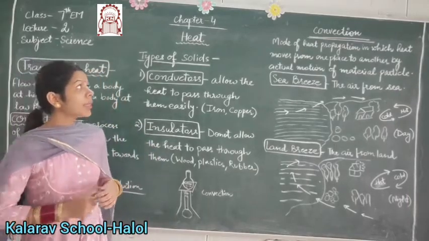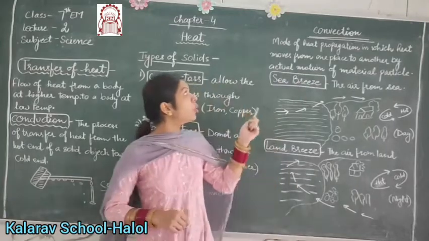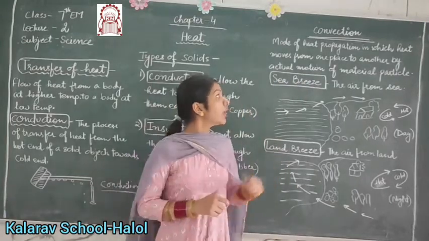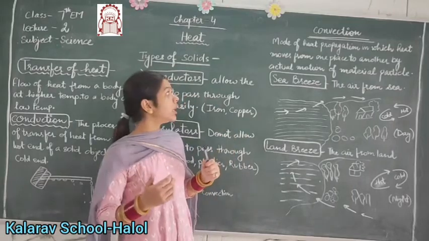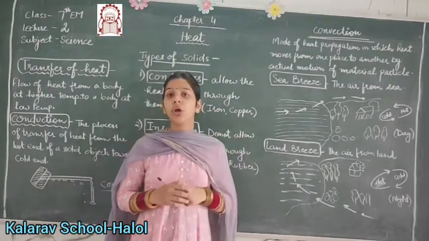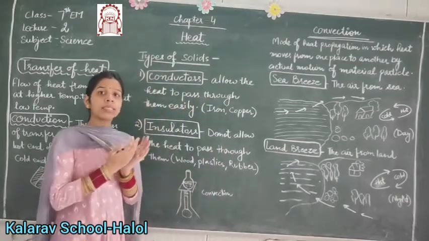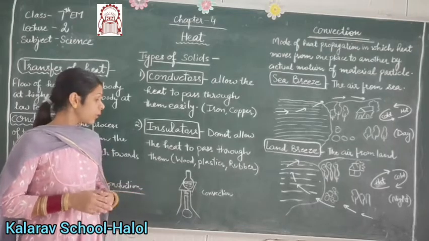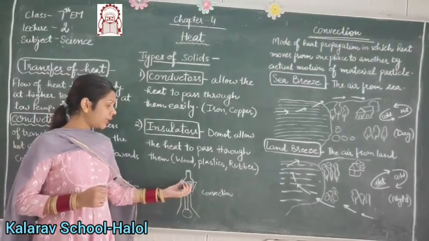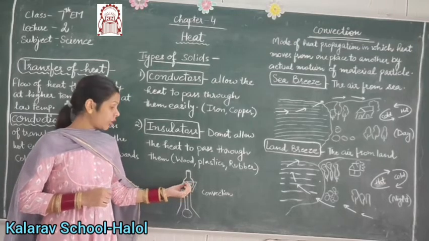The next topic is convection. Convection is the mode of heat propagation in which heat moves from one place to another by actual motion of material particles. What does it mean? To understand convection, you have to see this activity. Here is a burning stove and a conical flask containing water.